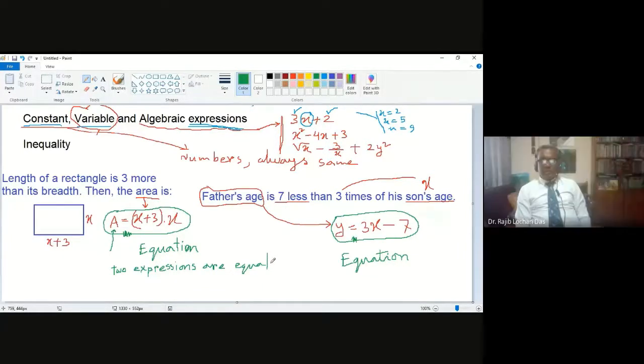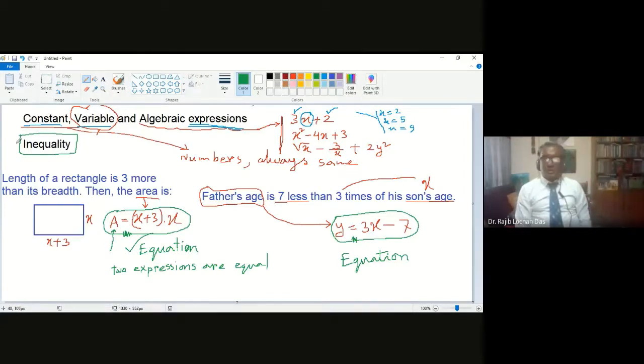Is it clear? Okay. So equation means there are two expressions in two sides and they are equal. But we will talk about inequality today. Equation, we will talk more later after the first term exam.